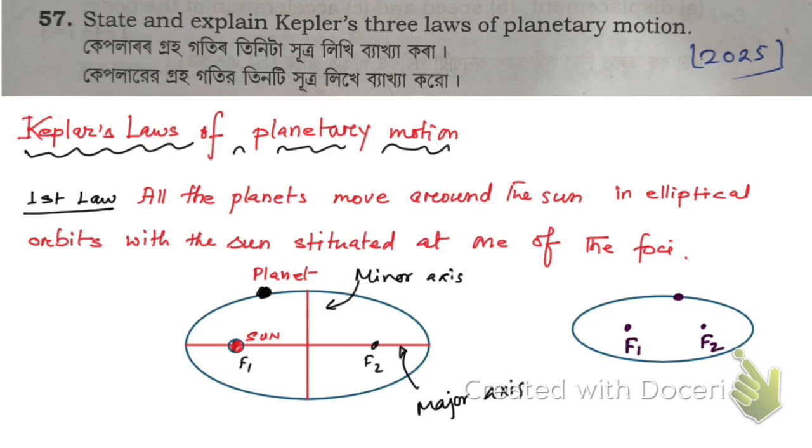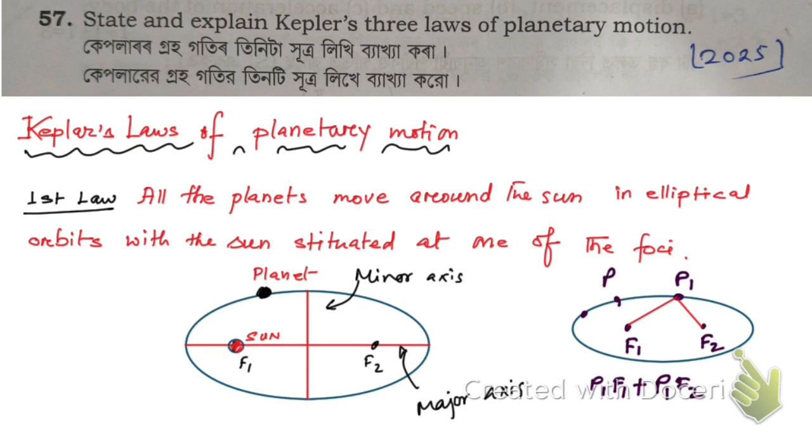Suppose this point is P1. Then the distance P1F1 plus P1F2, the sum of the distances from any point on the boundary of the ellipse to the foci, must always be constant.